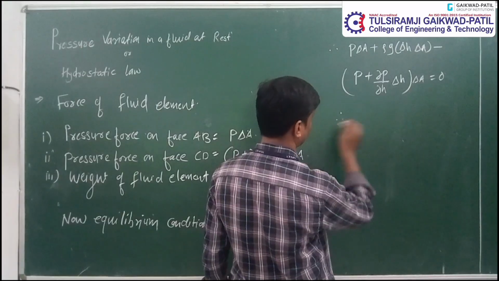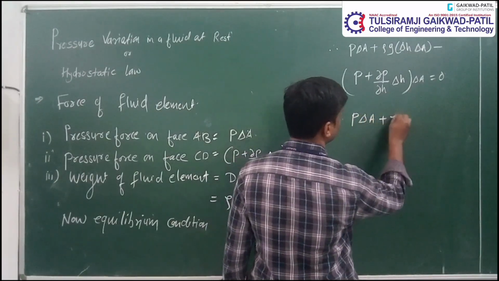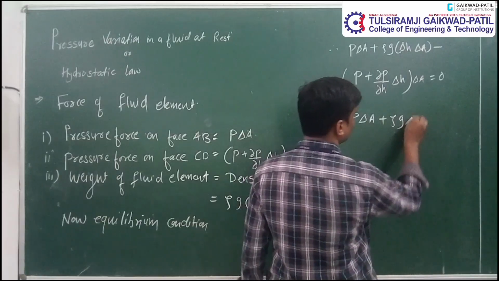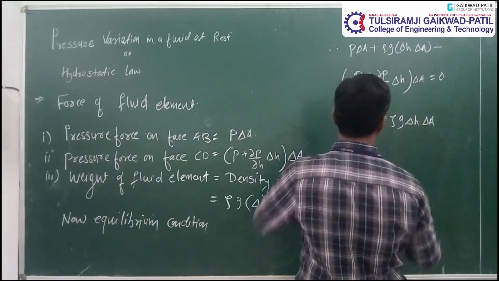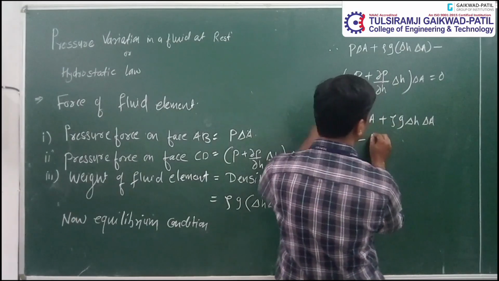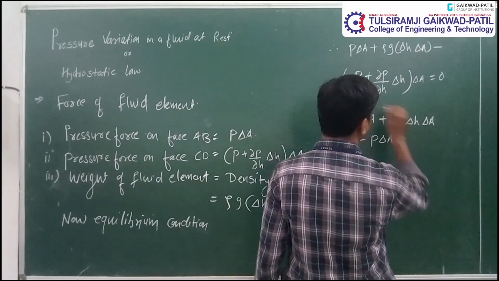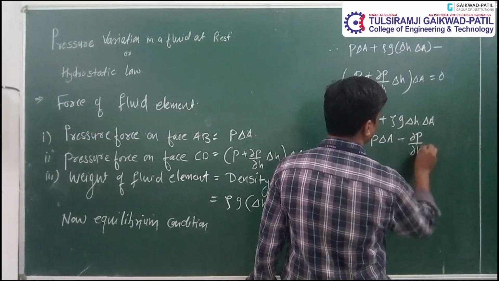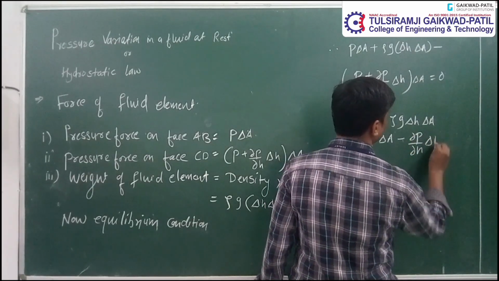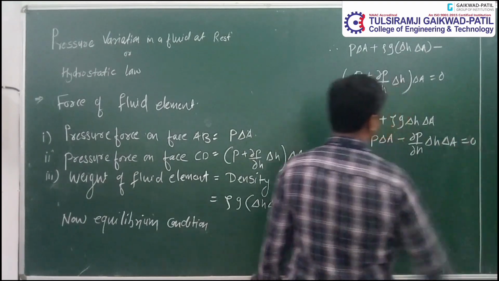After solving this, P delta A plus rho g into delta H into delta A minus P into delta A minus del P upon del H into delta H into delta A is equal to 0.